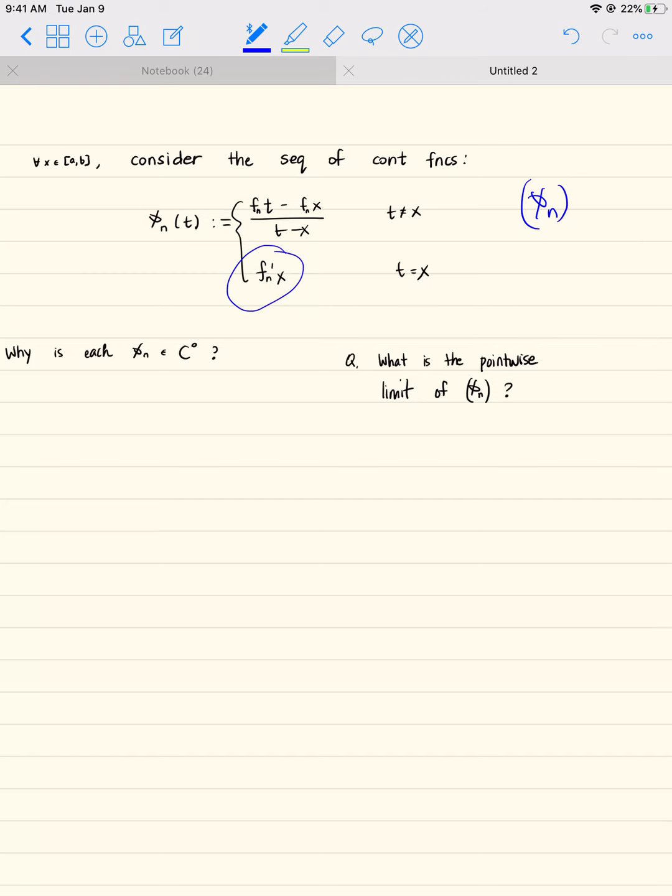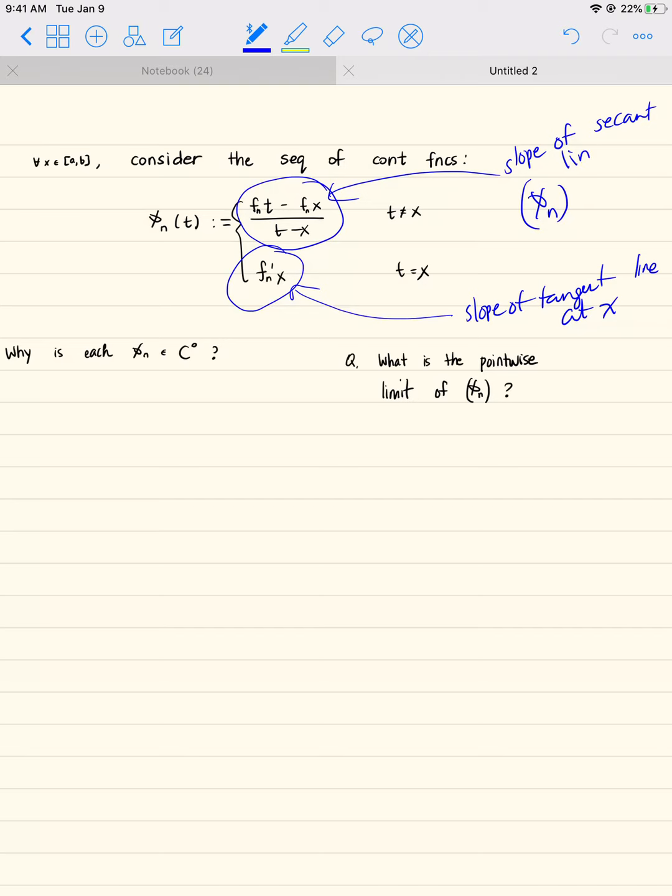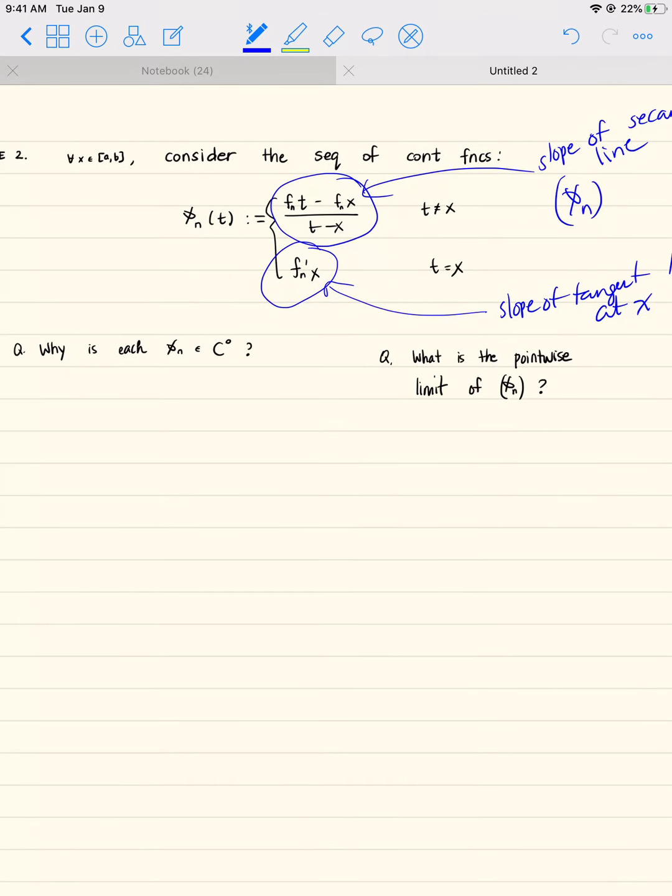This right here is the slope of the tangent line at x. And if t is not equal to x, then we are sent to the slope of the secant line through (t, fn of t) and (x, fn of x).